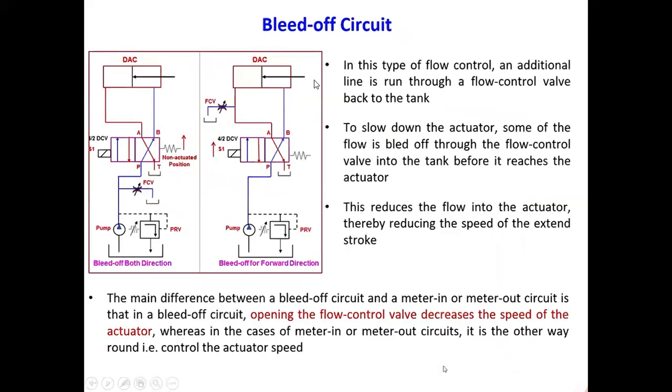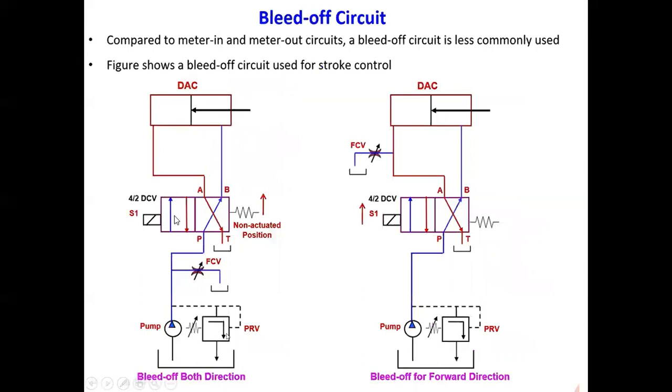The figure shows a bleed off circuit used for stroke control. It goes to the P to B from like that.